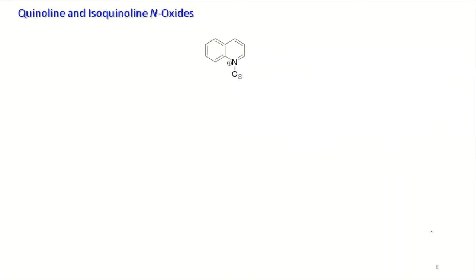So you have this quinoline N-oxide. If you use diethoxyphosphoryl cyanide, the cyano group is installed at the 2 position.